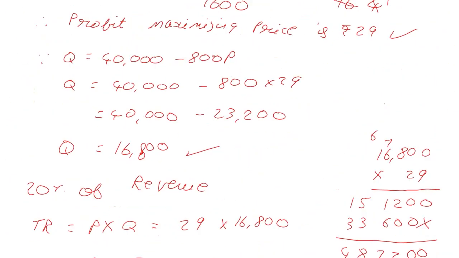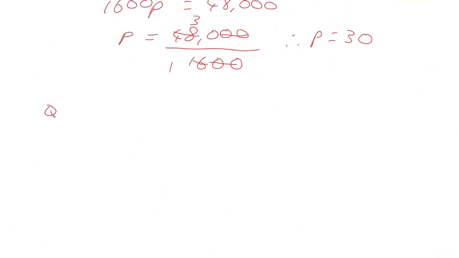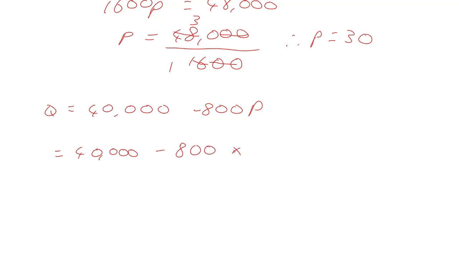Q we know is 40,000 minus 800 P, which means it is equal to 40,000 minus 800 into 30, which is 40,000 minus 24,000, which is equal to 16,000.